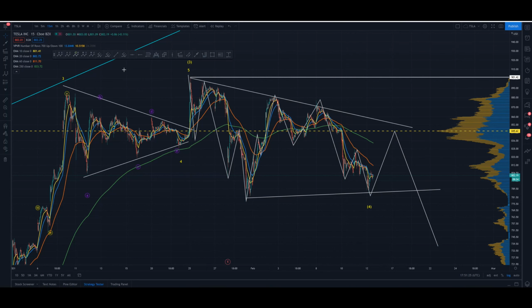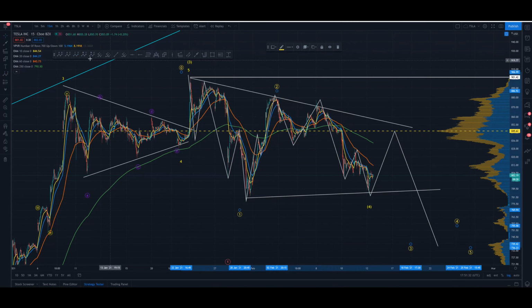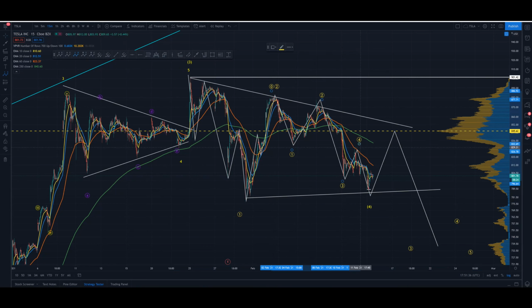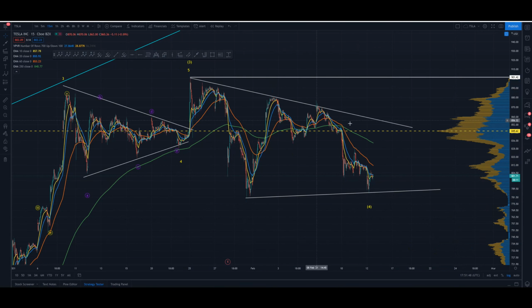I'd have to count this as 1, 2, and then 3, 4, 5 wherever down there, and then I'd have to count this as a 1, 2, 3, 4, 5, and then that would have to be a 1, 2, 3, 4, and so on and so forth on varying, or constantly lowering wave degree. Right, that's the bearish way of looking at this count so far.